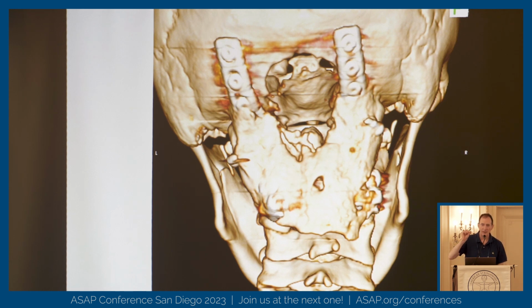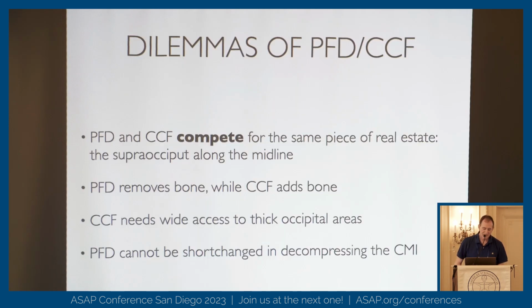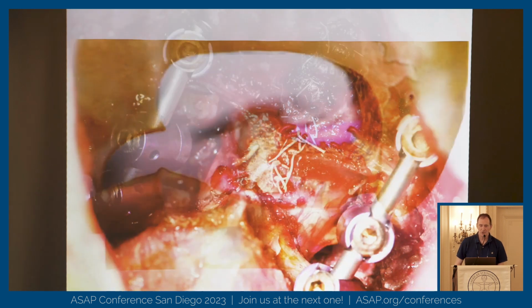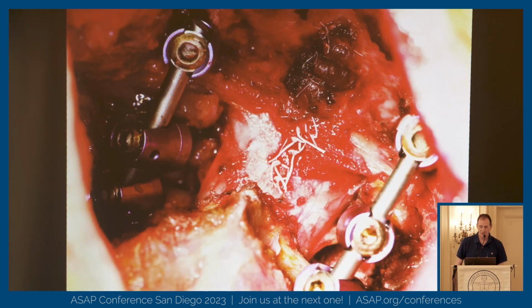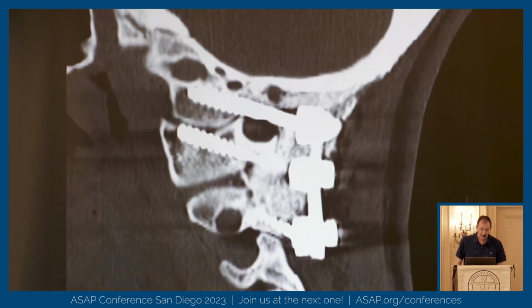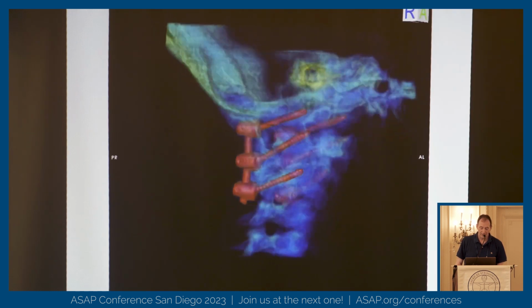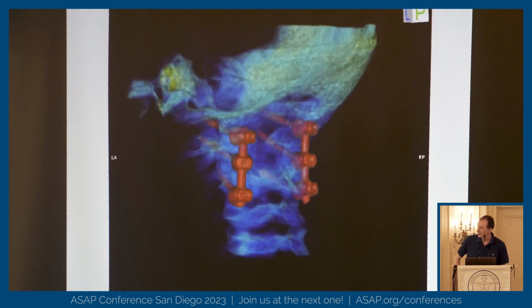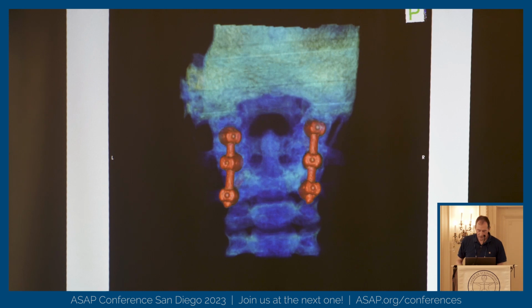So if you have a 1 millimeter skull, and the shortest screw you can put there is a 6 millimeter screw, problem. So there is some way to get around. You can put screws underneath the skull, which at the end is a craniocervical fusion, but it's just shorter. And then you put bone around it. So now you can see the hole, and the screws are missing the hole.